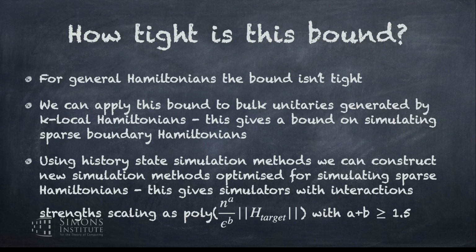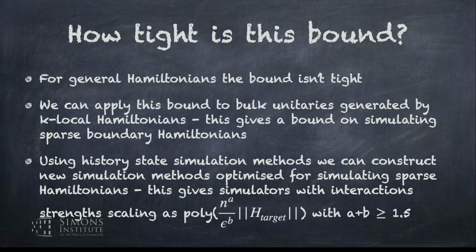And using these techniques, we can get simulators with interaction strength scaling as the same expression, where now a plus b is greater than or equal to 1.5, where this will be exact equality for, I think, 1-sparse Hamiltonians, and when you increase the sparsity a little bit, you get just slightly bigger than 1.5. So in order to break position-based cryptography, we needed this to be less than 1, and we really are frustratingly close.